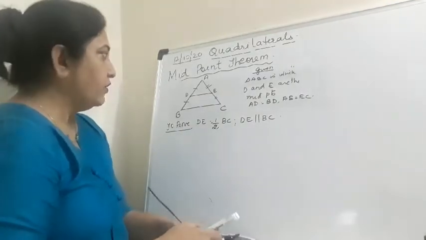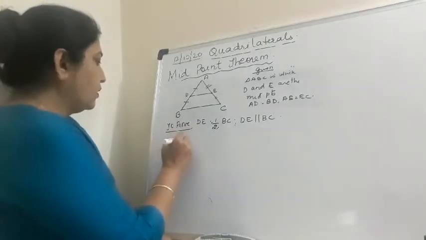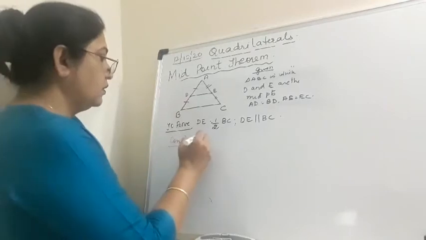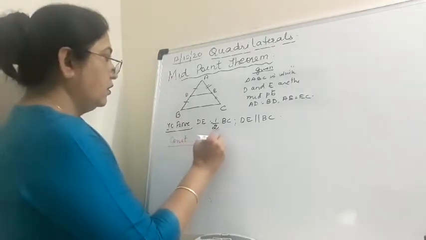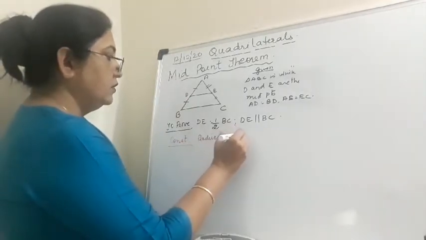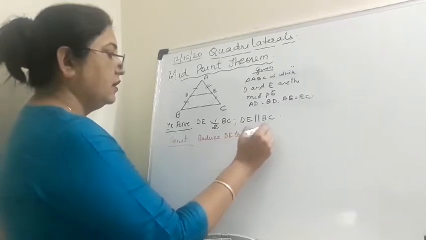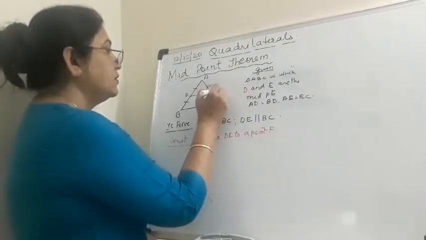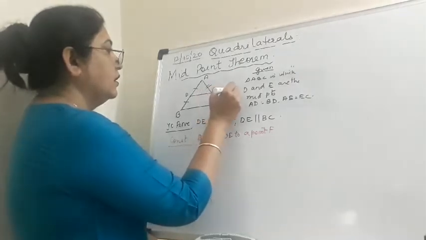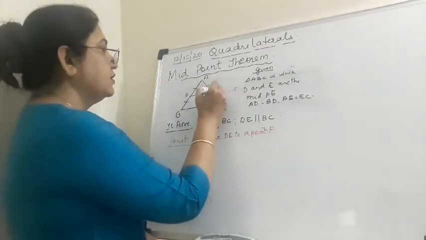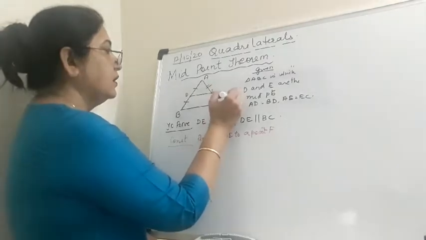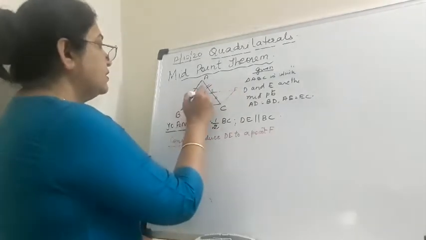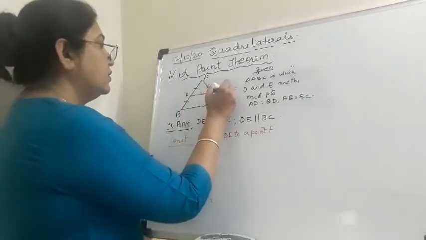Construction is we will produce DE to a point F. So we produce this line to a point F, where this is E, and we construct it in such a way that DE is equal to EF.